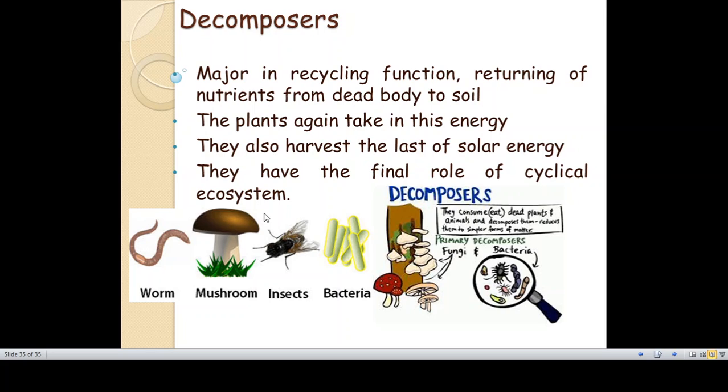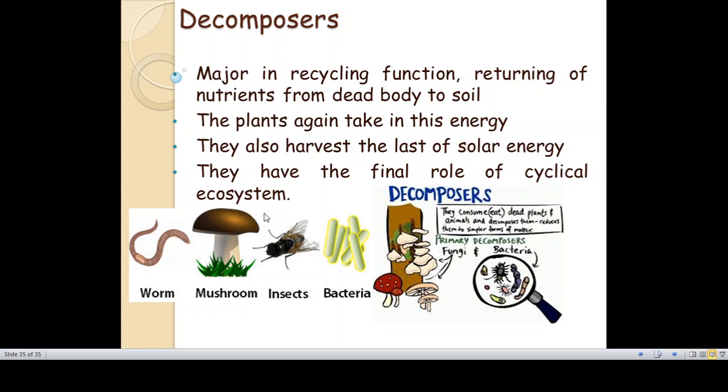So we find from these lectures that biotic and abiotic components have a major role when we look at the ecosystem. One cannot survive all alone. Even the biotic system cannot survive, and even the abiotic system cannot survive. So they are all interdependent on each other.